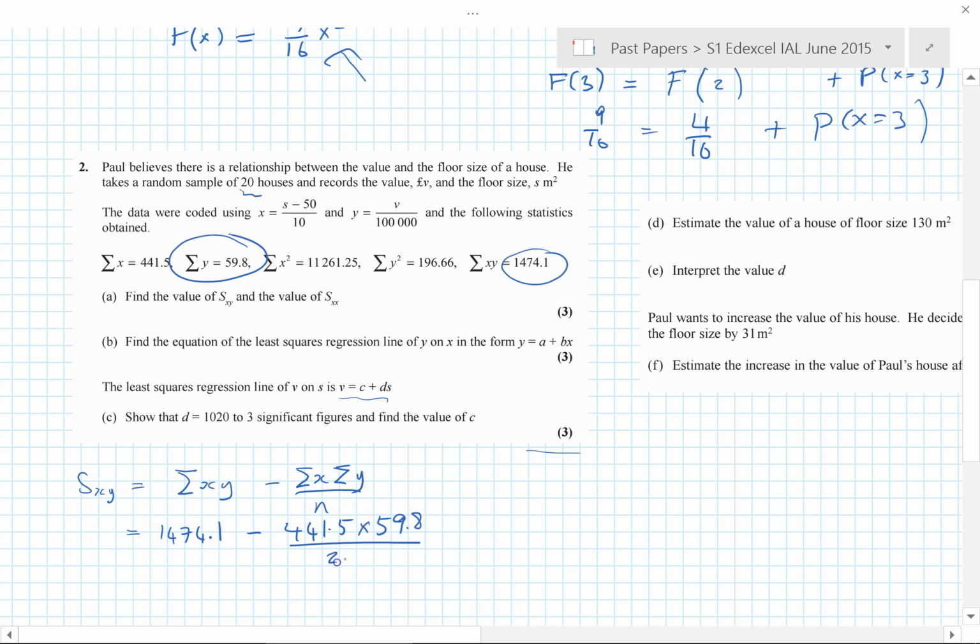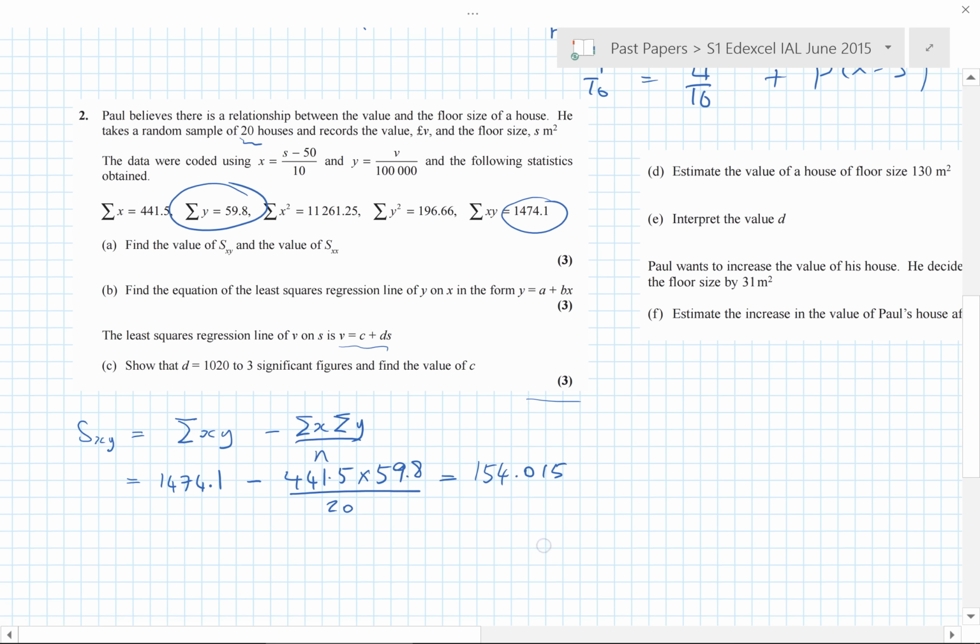With the total number of numbers being 20, that gives me 154.015, or 154 to three significant figures.